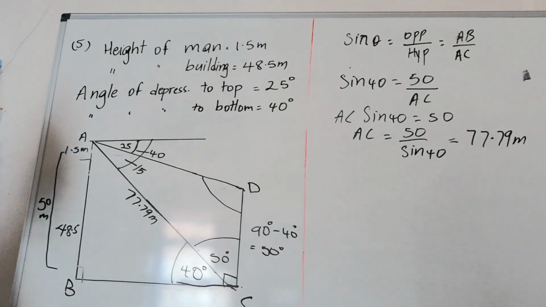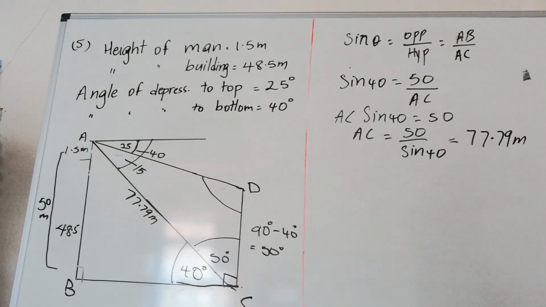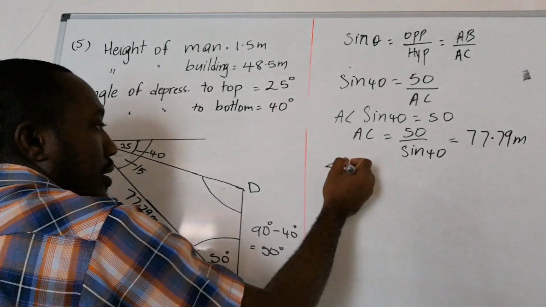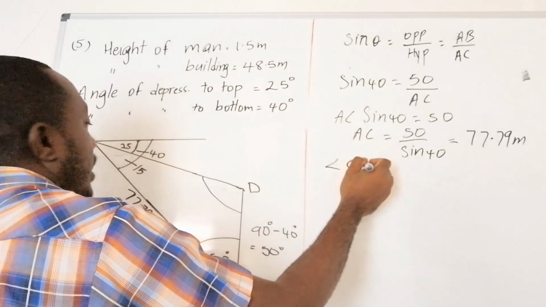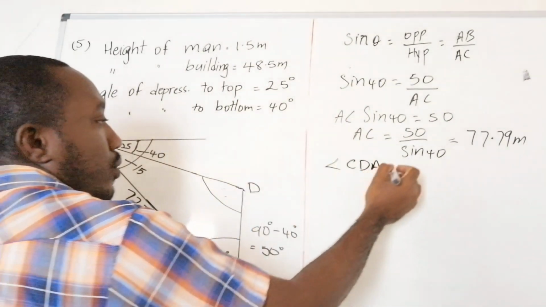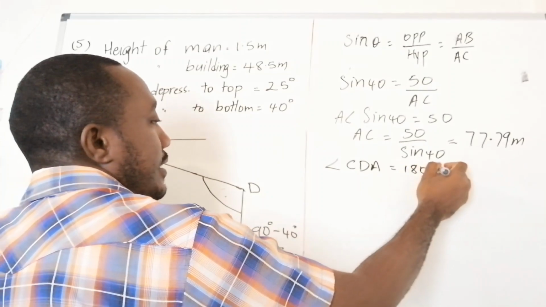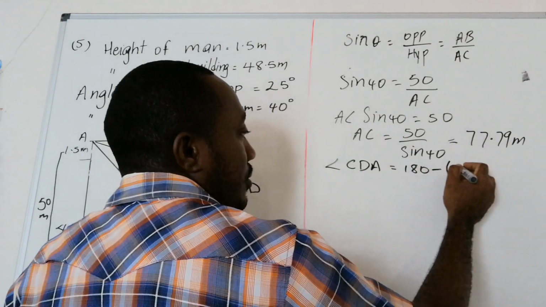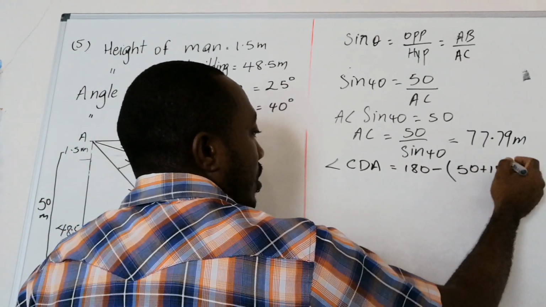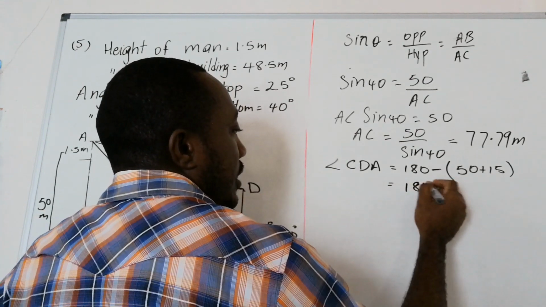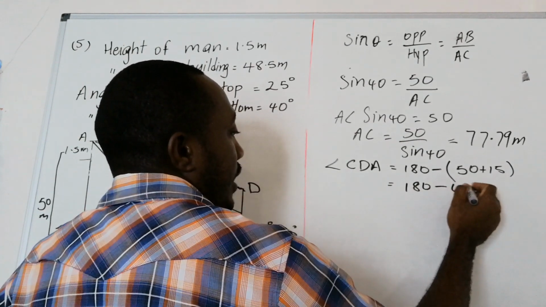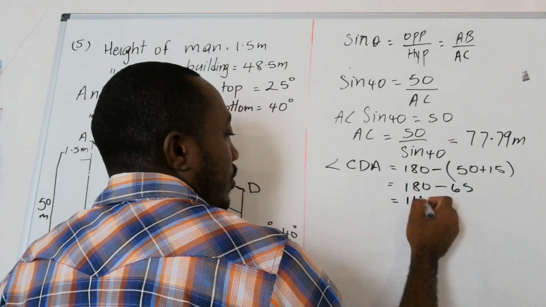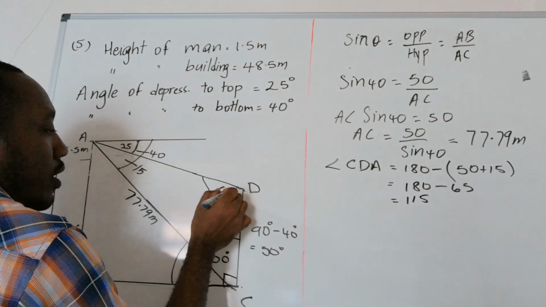Reminding ourselves that in a triangle, the sum of the angles will always be equal to 180 degrees. So the angle CDA will be equal to 180 minus the two given angles, 50 plus 15, which is 180 minus 65, which gives us 115. So the angle here is 115.